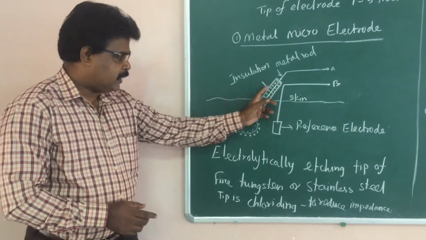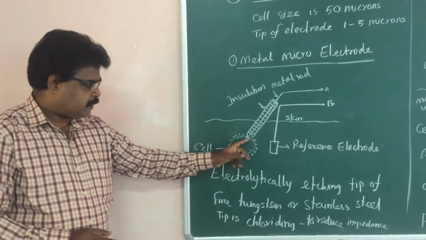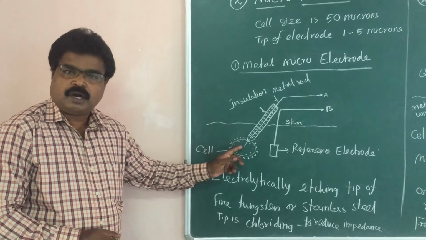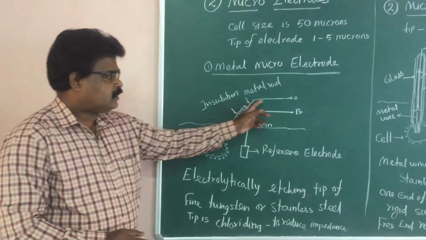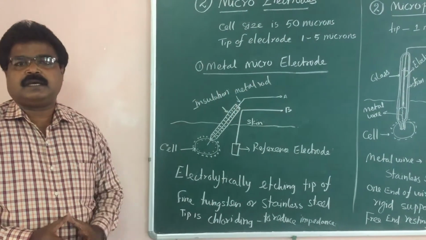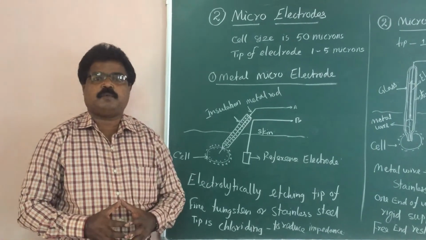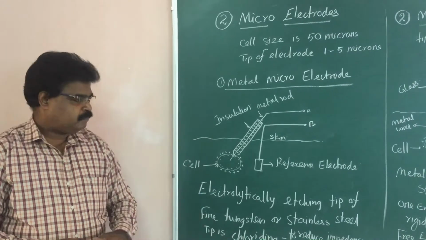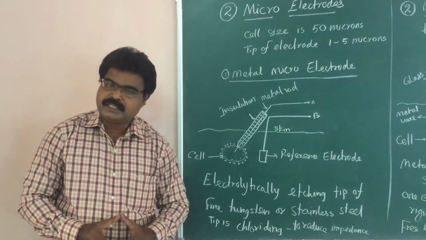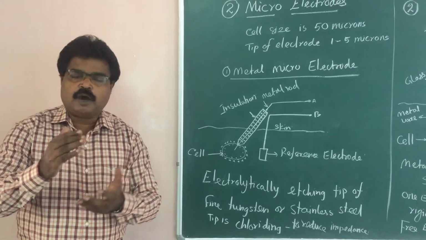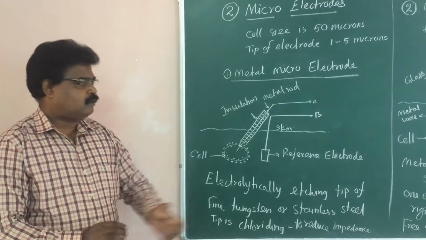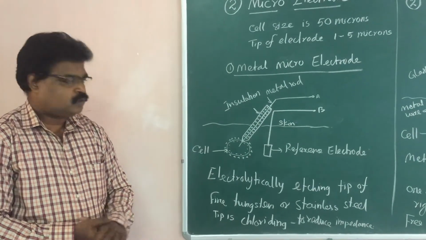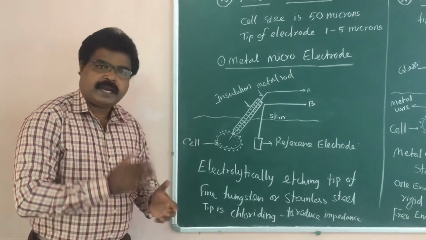It is insulated by an insulator, and the tip must be 1 to 5 micron to insert into the cell without damaging it. It is connected to point A. We have to measure the difference in potential. It gives one potential, and another is a reference electrode placed outside the cell, which acts as the other terminal. So we get the difference in potential. Here the tip must be fine.